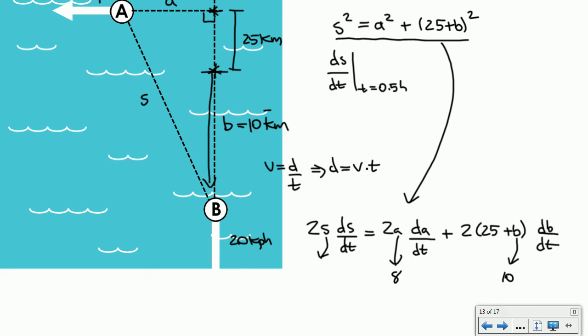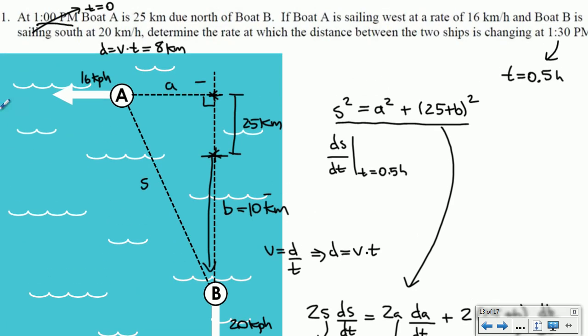And now we just need to figure out what s is. So if we're going to figure out what s is, we're going to use this equation. I know what a is at 1:30, that's 8. And I know what b is at 1:30, that's 10. So what we would do is square root both sides of this equation and sub in what you know for a and b. So a is 8 squared, and then you're going to add (25 plus 10) squared.